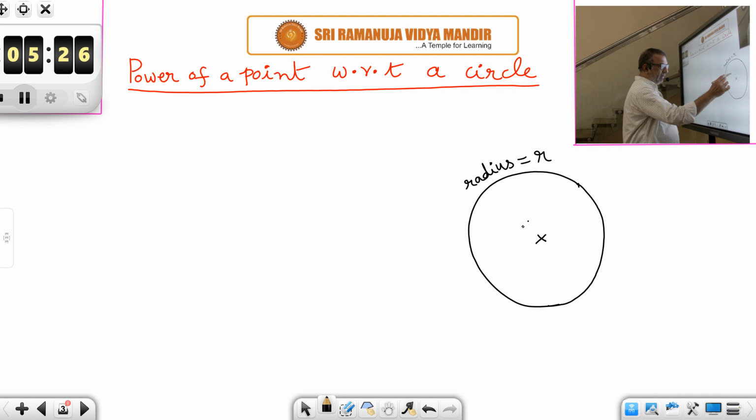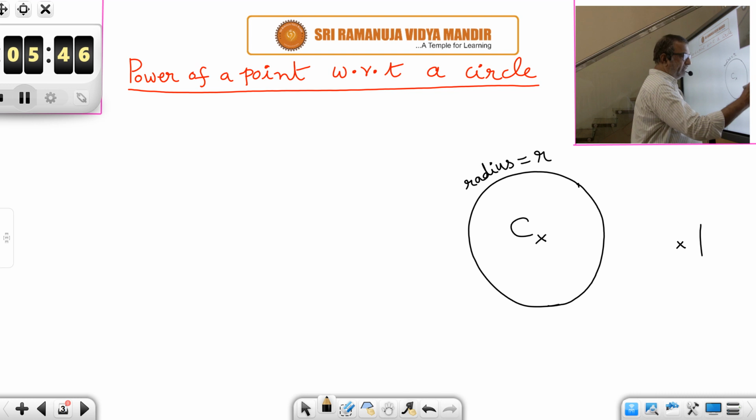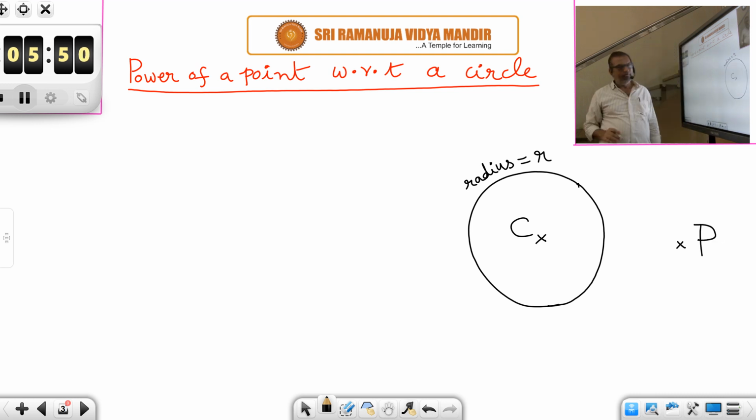Now P is any point in the plane. Any point means it can be inside the circle, on the circle, or outside the circle, anywhere. Say P is here, for example, outside. It can be inside also, it can be on the circle also.